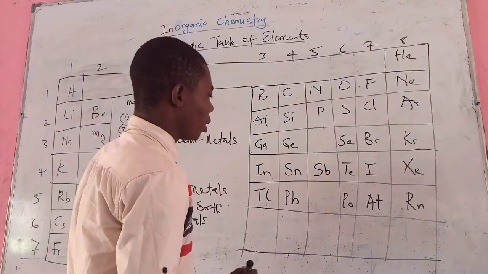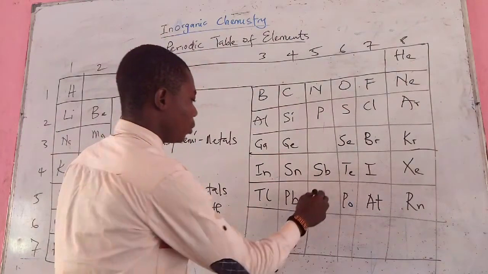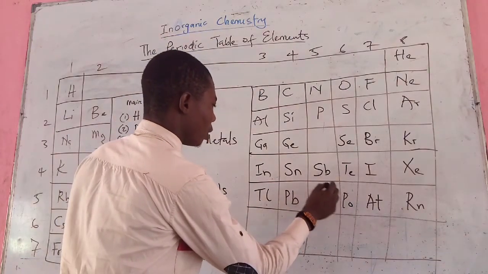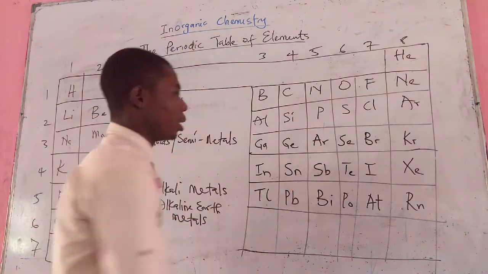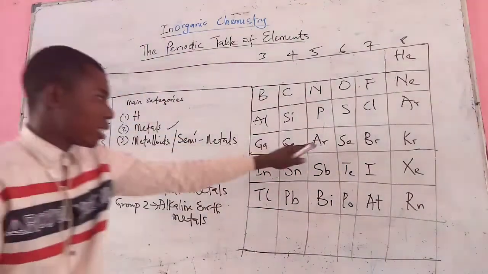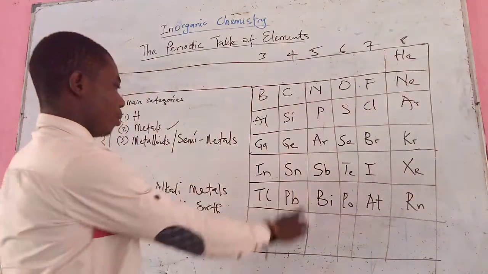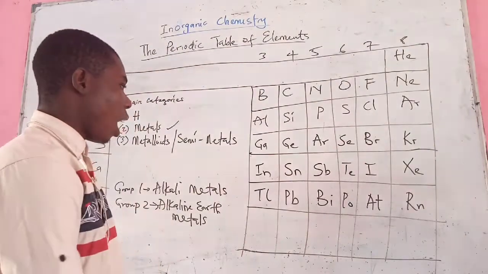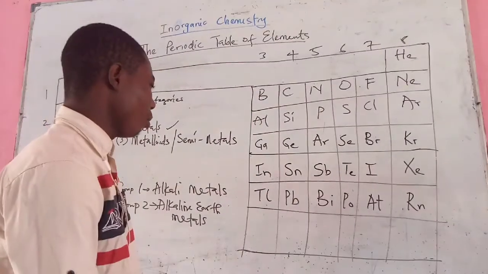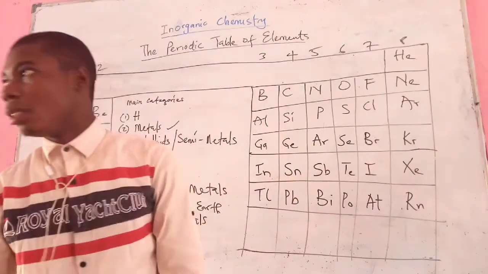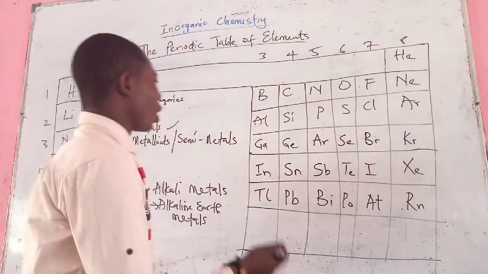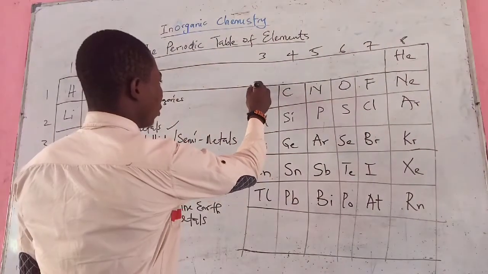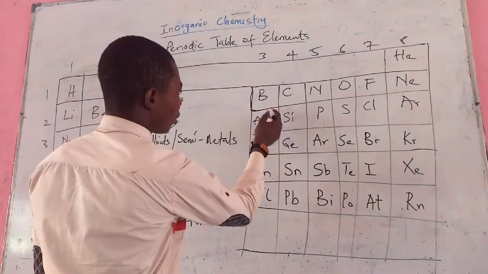Bismuth. Where is bismuth? Bismuth is 83. And arsenic will be here. Arsenic is 33. Antimony is actually 51, because tin is 50. So, these are the metalloids.